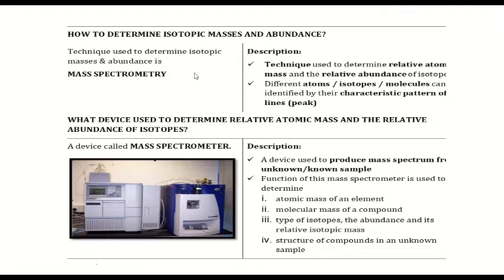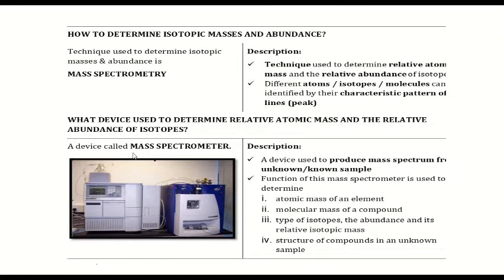Based on this mass spectrometry, kita boleh tahu relative atomic mass dan juga relative abundance of this isotope. Sebab different atoms, different isotopes, different molecules, ada karakteristik, pattern dan berat yang tersendiri.